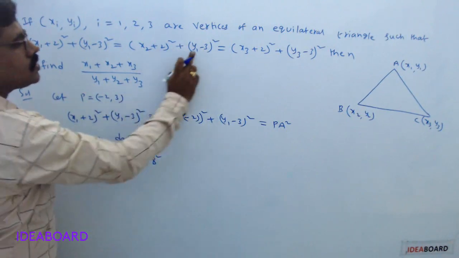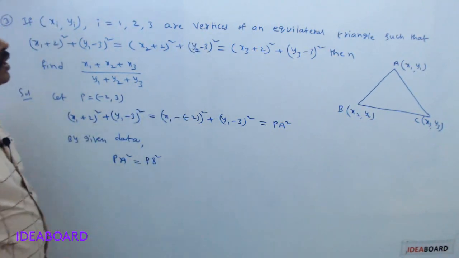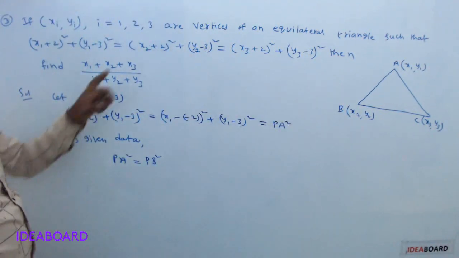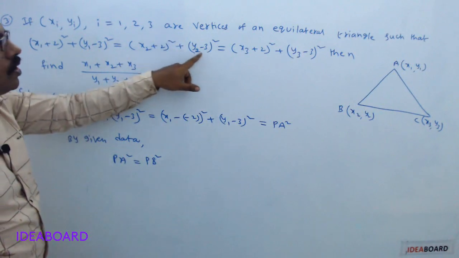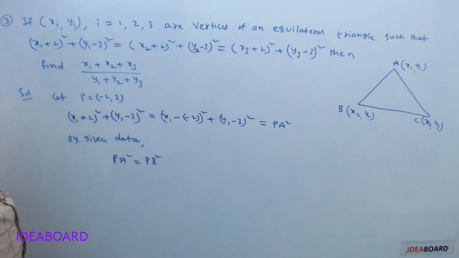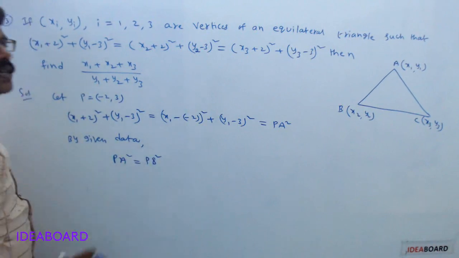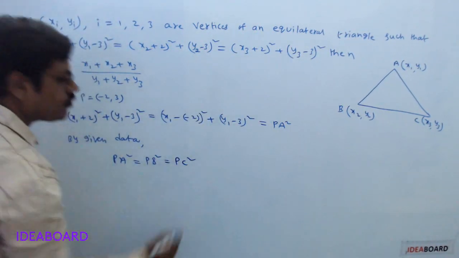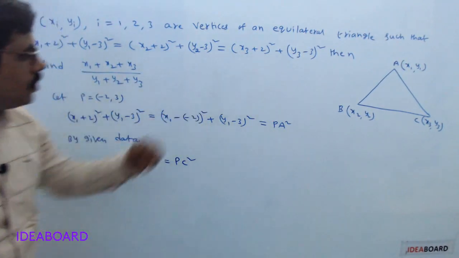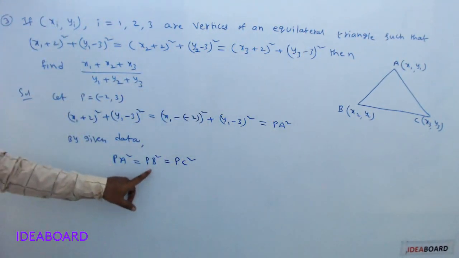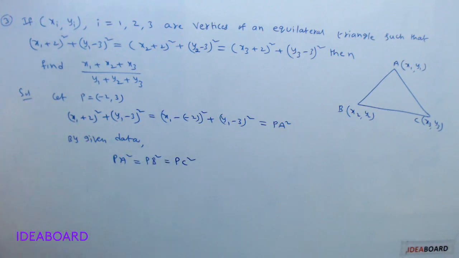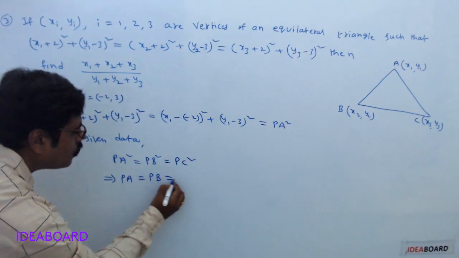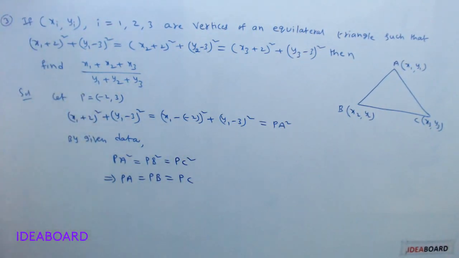So BP or PB equals the square root of (x2 plus 2) whole square plus (y2 minus 3) whole square. So this expression can be taken as PB square. This expression is nothing but PC square. So from this condition, we get PA square equal to PB square equal to PC square. So this can also be written as PA equals PB equals PC.